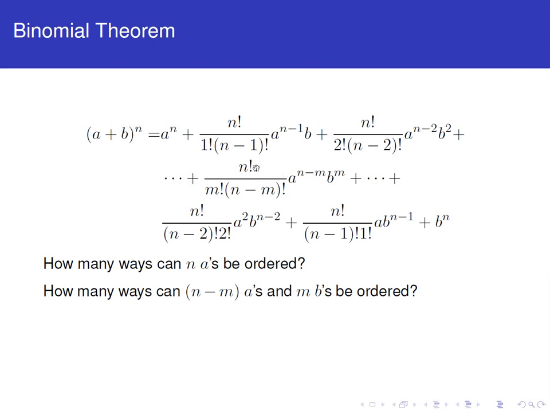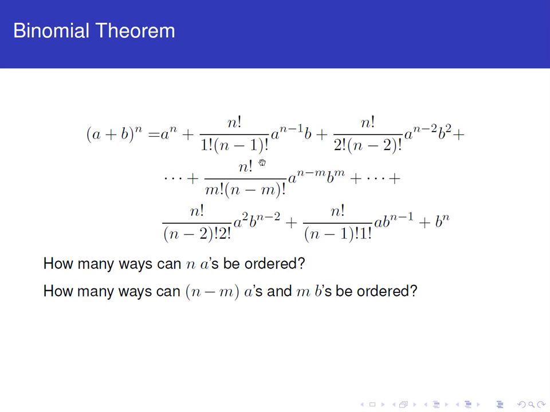Now, let's look at this middle term here and ask, how many different ways can we arrange n minus m A's and m B's? Well, what is n minus m plus m? Well, it's n, of course. So up in the top I have n factorial. And this makes sense. I'm doing my power to the n, so it's n factorial.